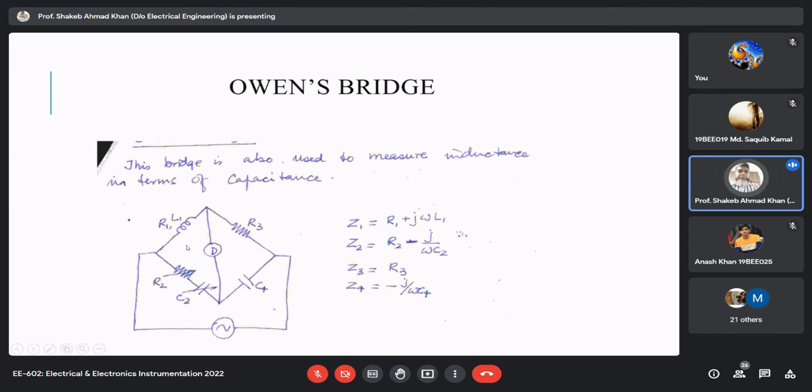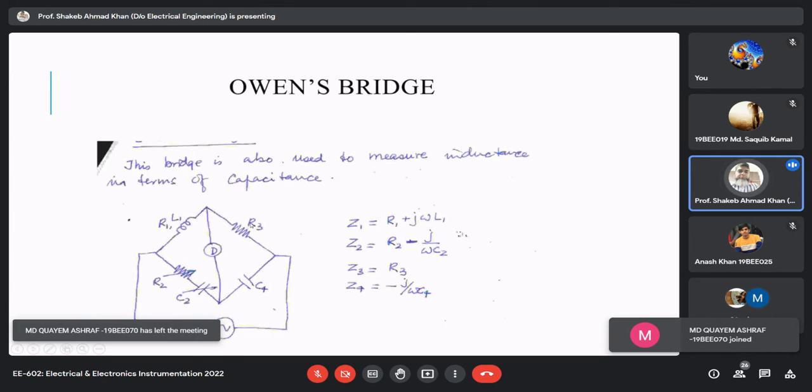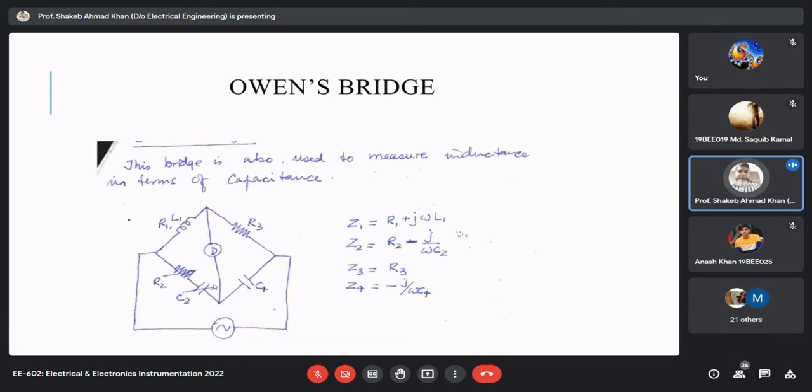So that's what has been taken. But as I told you earlier, this may not always be possible. Generally, the most desirable choice from the accuracy point of view is that our resistance should be variable. Inductance and capacitance we avoid, because of the accuracy and the cost also.